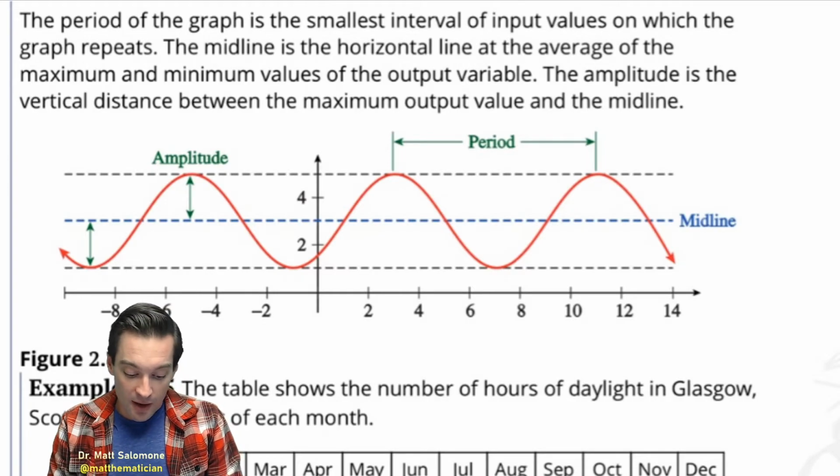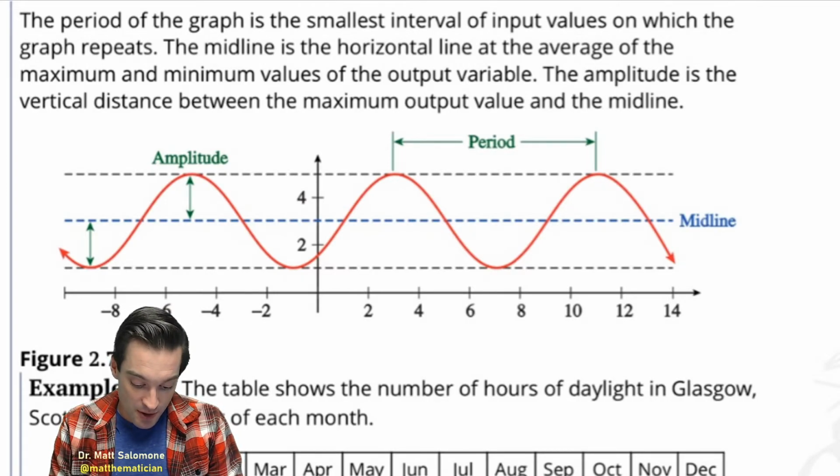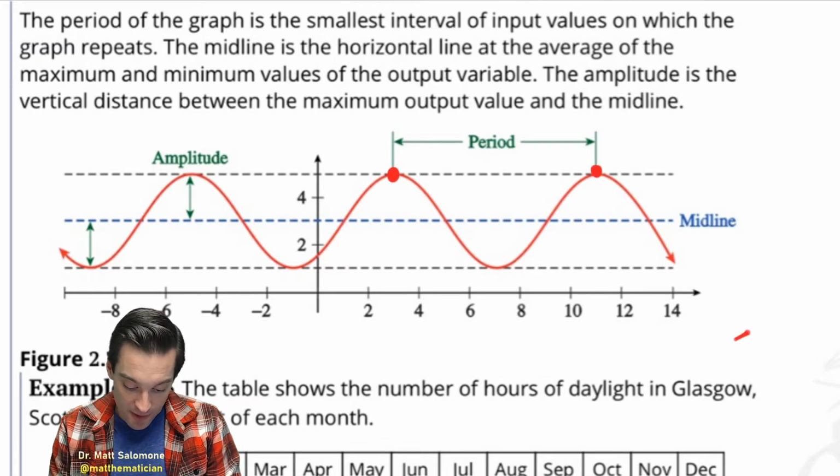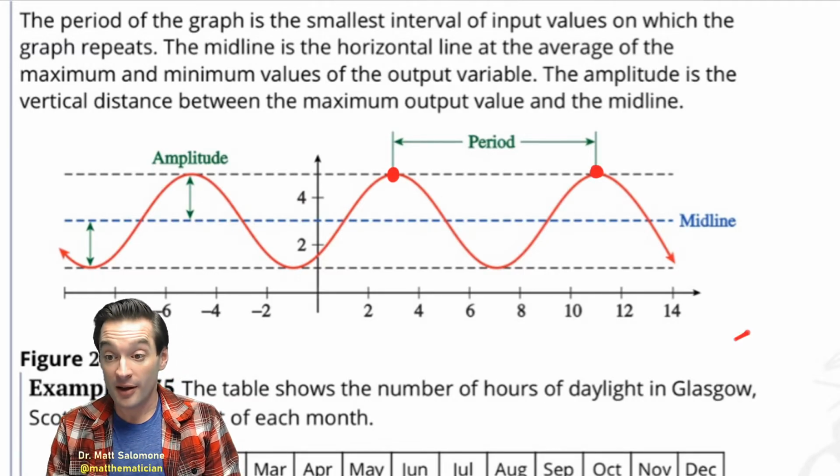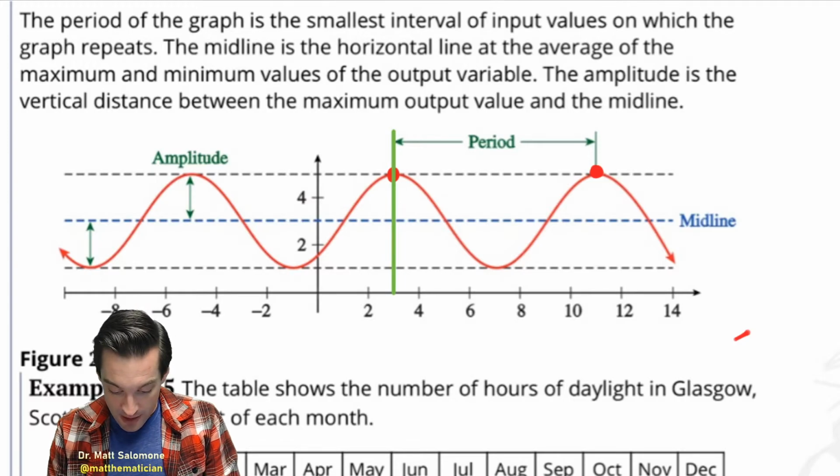So one way of operationalizing this using function notation might be to say something like, well, first of all, what is the period? What does it look like the period is of this graph? A period is nothing more than the difference in input values in between values that always correspond one to another, how long it takes the function to repeat itself.